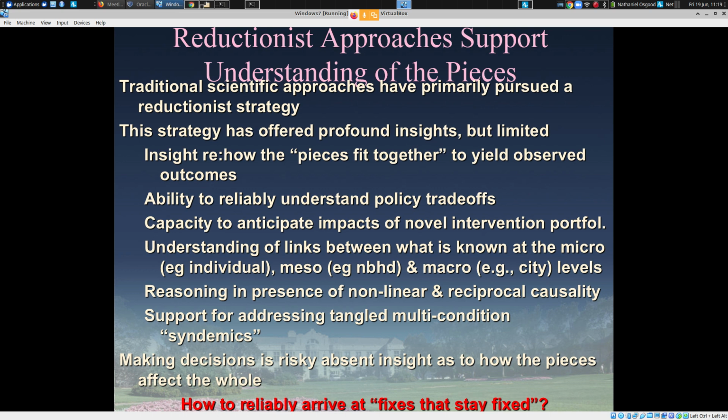We can know all the world about each little piece, but know next to nothing about the behavior of all of them working together. And reductionist approaches really fall short in confronting some of these challenges left to their own devices. When it goes from the individual level to the meso level, the macro level, reasoning about how individual behavior shapes macro outcomes.